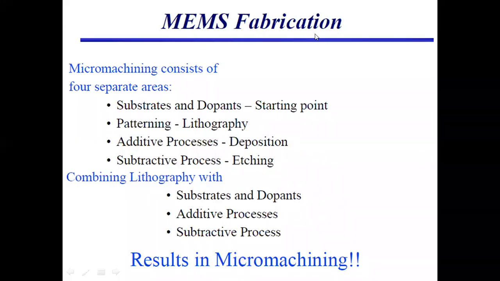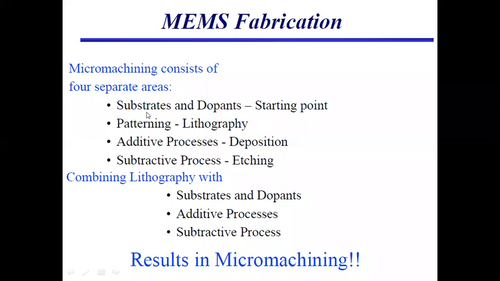MEMS fabrication. Micromachining or microfabrication actually consists of four separate areas, and these are substrates and dopants, which is actually the starting point. Normally we start the microfabrication or the fabrication of MEMS with a substrate.